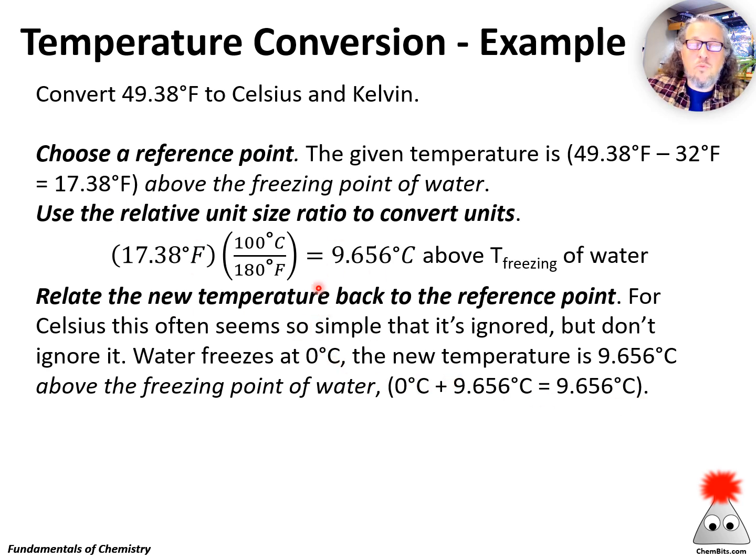Now, you can look up formulas for doing Fahrenheit Celsius conversions. And if you look up those formulas, you either have to add 32 or subtract 32, and you have to multiply by either 5/9 or by 9/5. That's all in here, right? What did we do? We started by subtracting 32, but that was to give us our reference point.